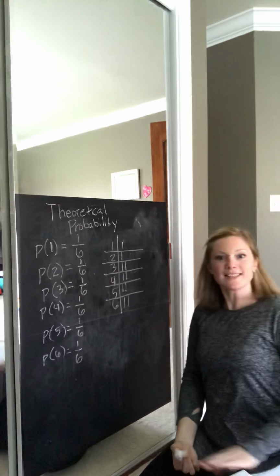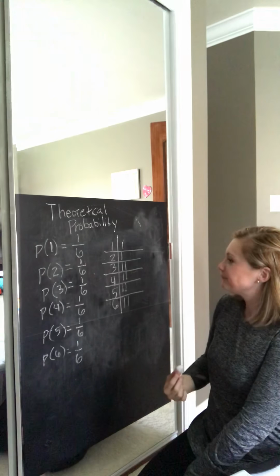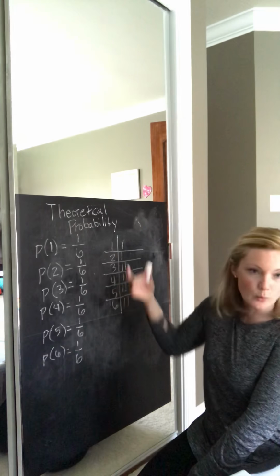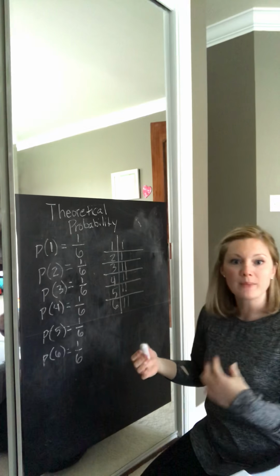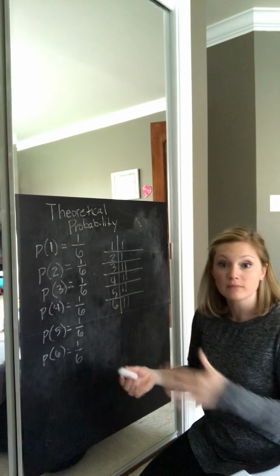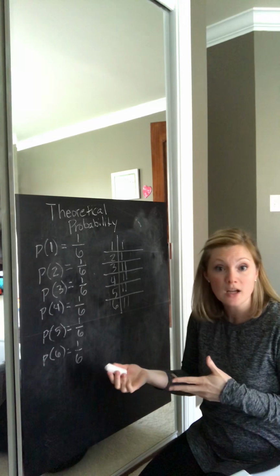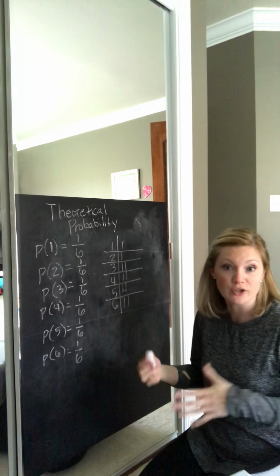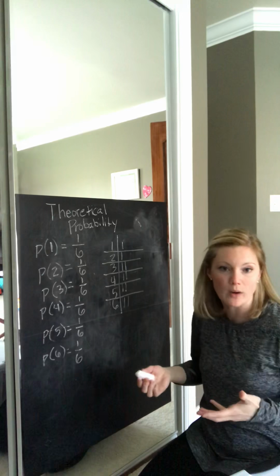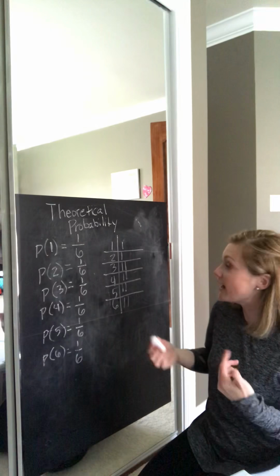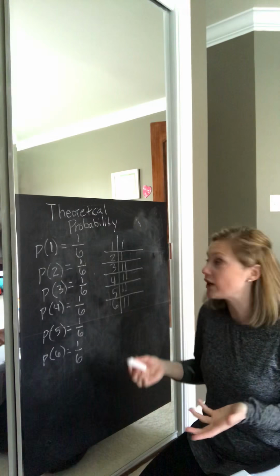Okay, so that's kind of interesting. Obviously 6 doesn't work nicely with 10, but based on theoretical probability, I probably was going to get somewhere between 1 to 2 of each number. There's no way to get 2 of every number unless I did 12 rolls. So my experimental is pretty close.